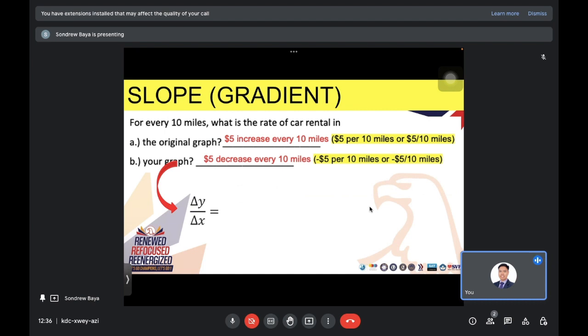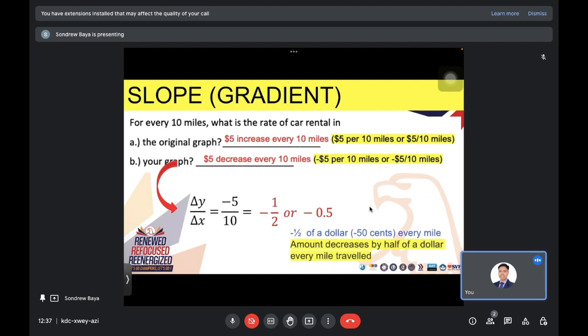Since it's a $5 decrease, your change in y is negative 5 for every 10 miles. Simplifying it, we get negative 1/2 or negative 0.5. So this can be interpreted as negative half of a dollar or negative 50 cents every mile. In other words, the amount of car rental in your graph decreases by half of a dollar every mile traveled. And this is the use of the slope.